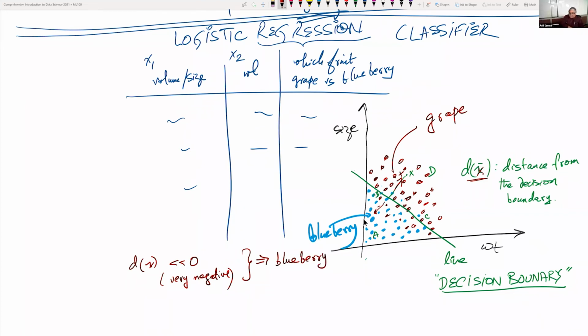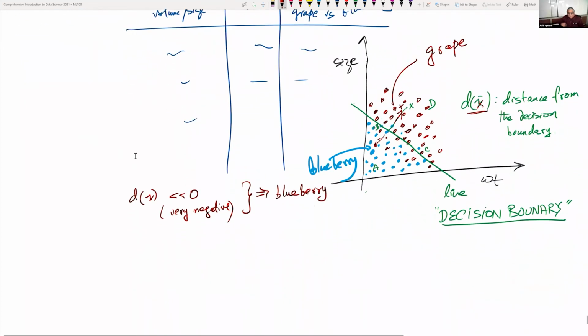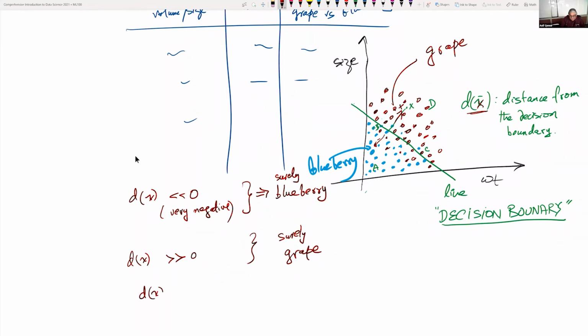On the other hand, when d is positive, dx is greatly greater than 0, surely a grape, isn't it? But if d is smaller than 0, but close to 0, only a small distance away from it, then maybe blueberry, isn't it?